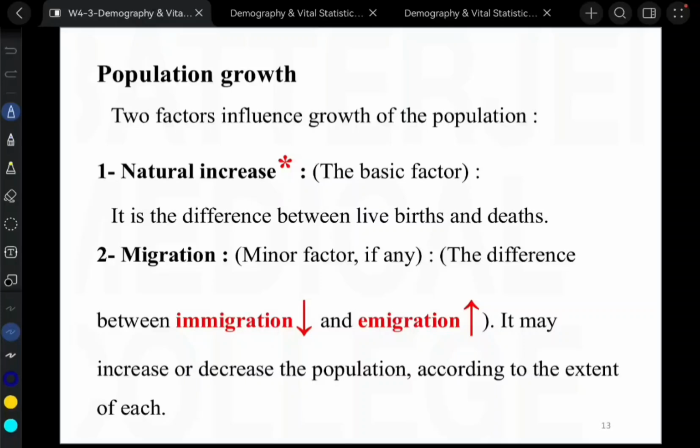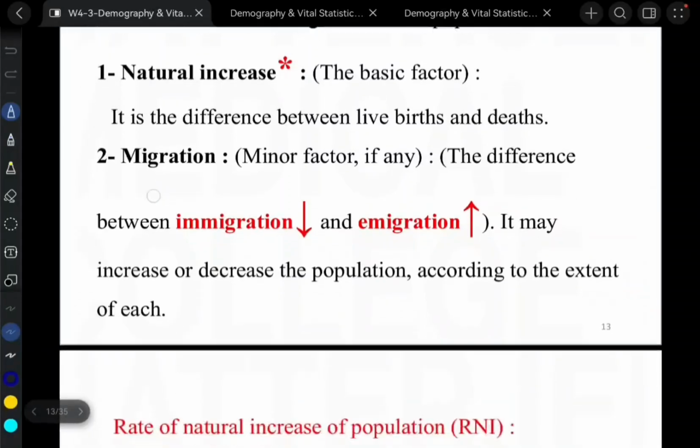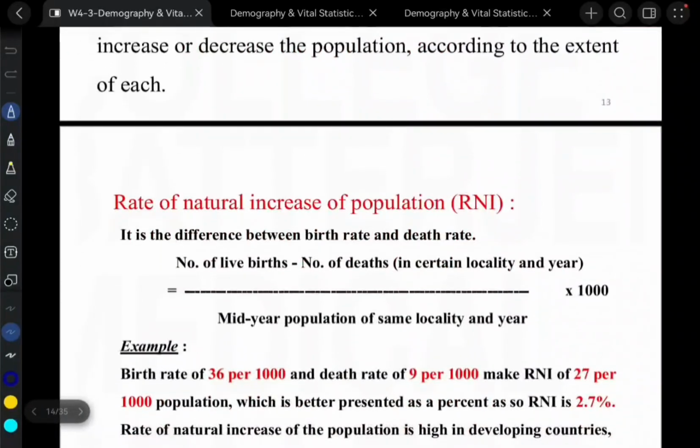Emigration is leaving the country, and immigration is receiving people from other countries. It may increase or decrease the population according to the extent of each. And those depend on other factors that are not mentioned here. Either way, the takeaway from this slide is that the basic factor is the natural increase.